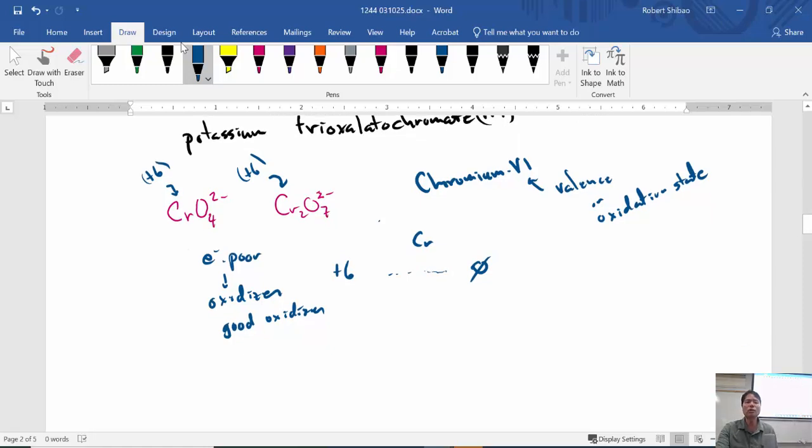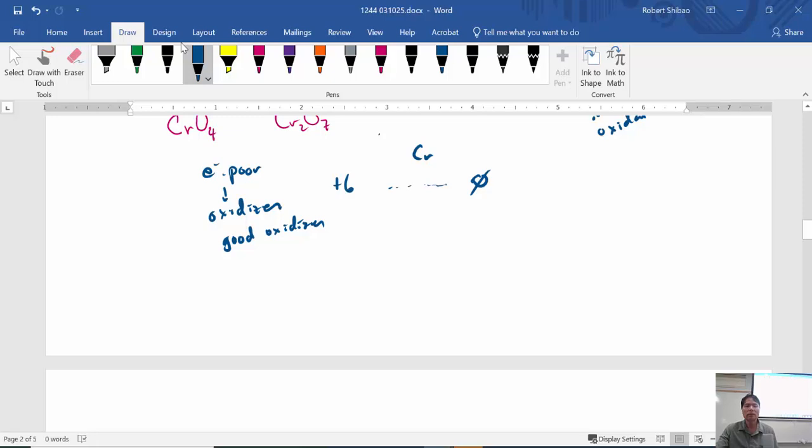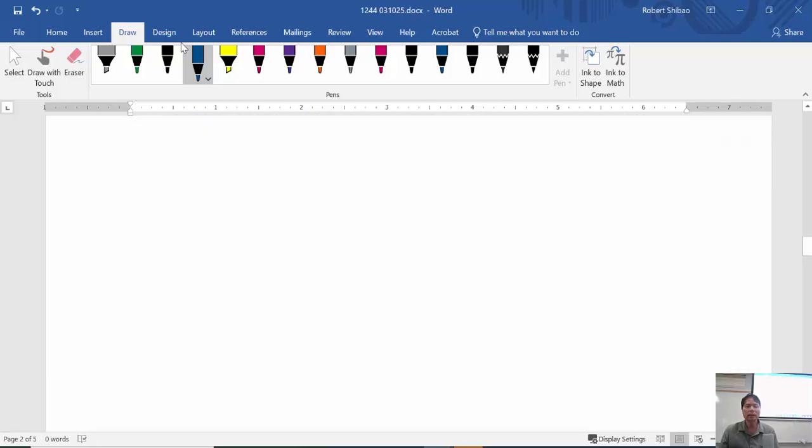A chromate is a tetrahedral ion, like this. I'm not going to draw out all the lone pairs, or maybe I should. So that's our chromate.